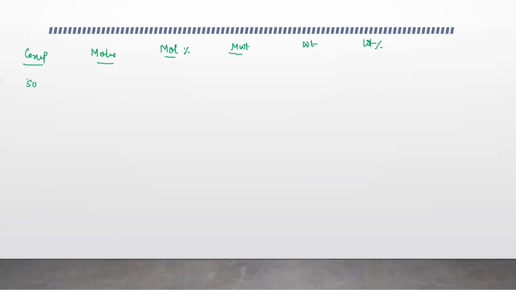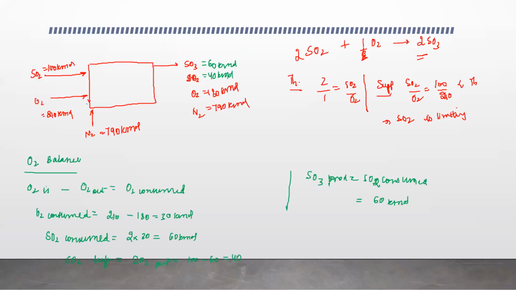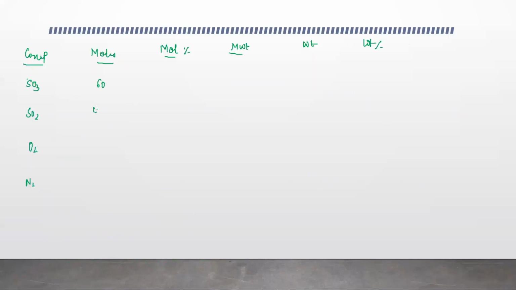Components, you have SO3, you have SO2, you have oxygen, and you have nitrogen. If you see the moles, then there are 60 kilomoles of SO3, then there are 40 kilomoles of SO2, and there are 180 kilomoles of oxygen, and there are 790 kilomoles of nitrogen.